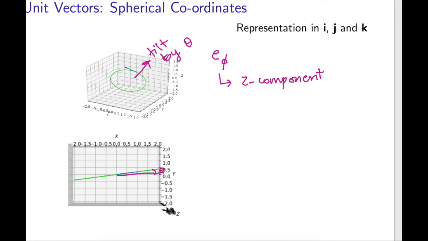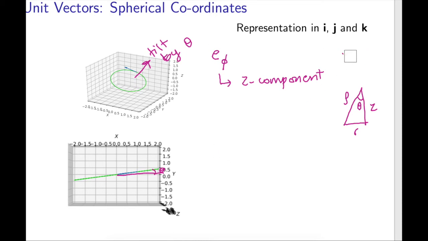Then if I see this triangle, this is my rho, this is my r, this is my z, and this is my theta. You can note that this is the same relationship which we used to find E of theta and r in the previous case.